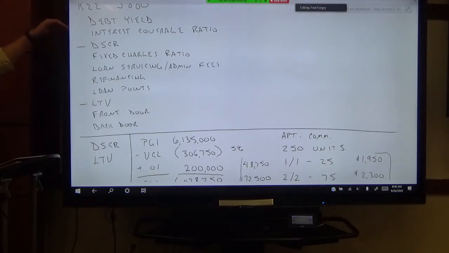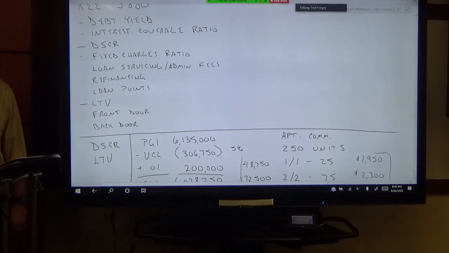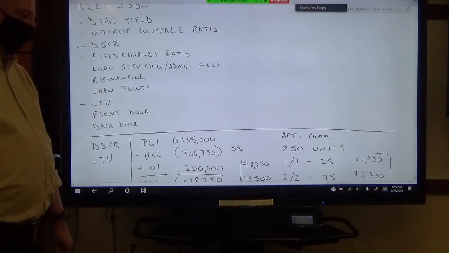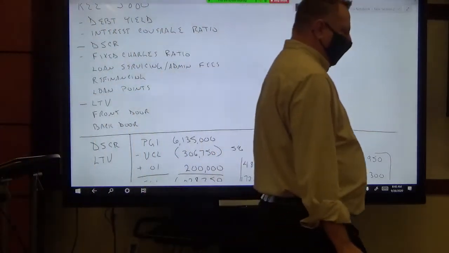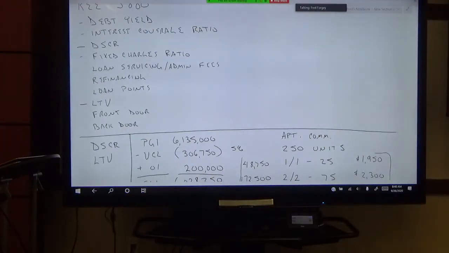One is called the debt yield, so we'll talk about that for a couple of minutes. The debt yield, the interest coverage ratio, and the fixed charges ratio, while I have seen lenders use them and your textbook talks about them, are just simply not as prevalent.